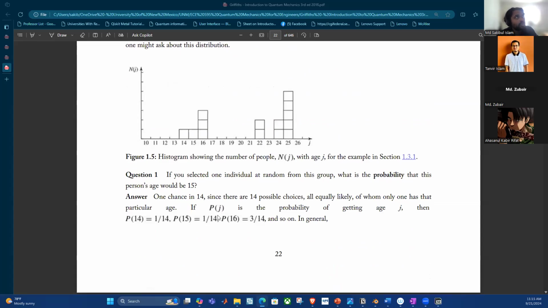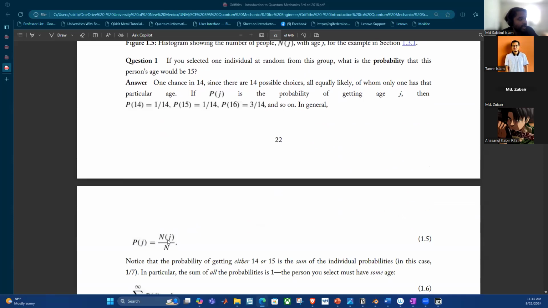So what we can say? We can say that the probability of J, that means the probability of getting an age J, has on the numerator Nj. Nj means the number of people that have that particular age.